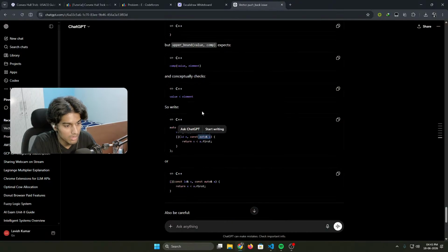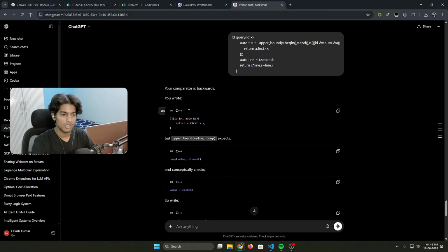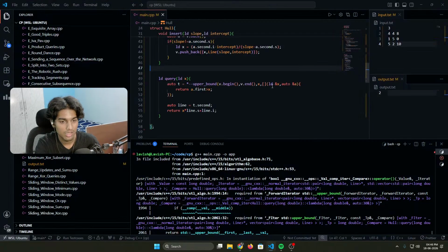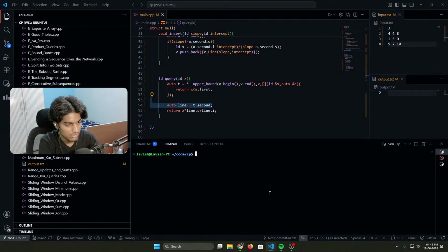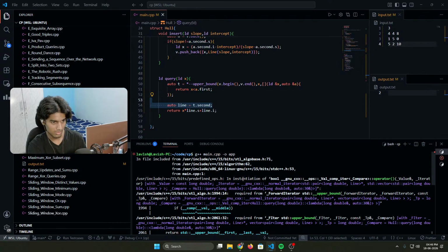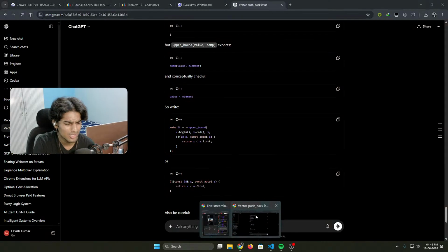Yep. Your comparator is backwards. Really? I don't. This shouldn't be a. What the fuck?